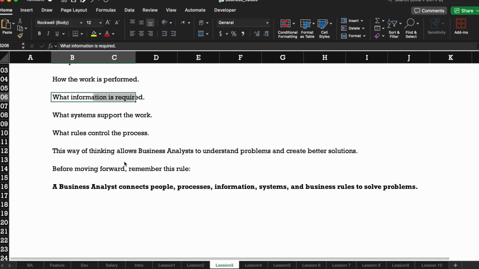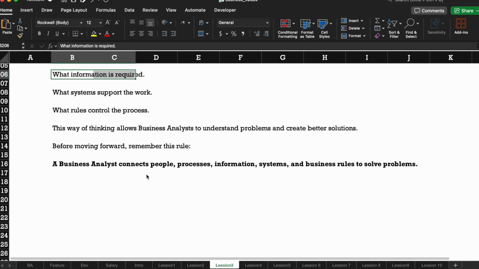This way of thinking allows business analysts to understand problems and create better solutions. Before moving forward, remember this rule: a business analyst connects people, process, information, system, and business rule to solve problems.